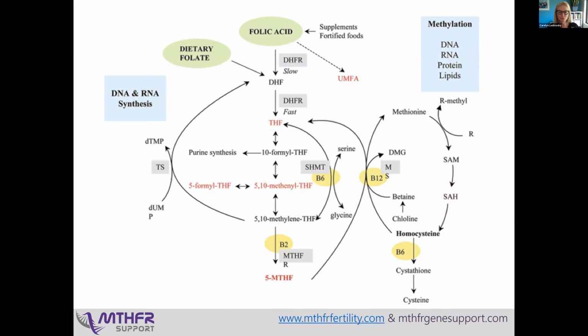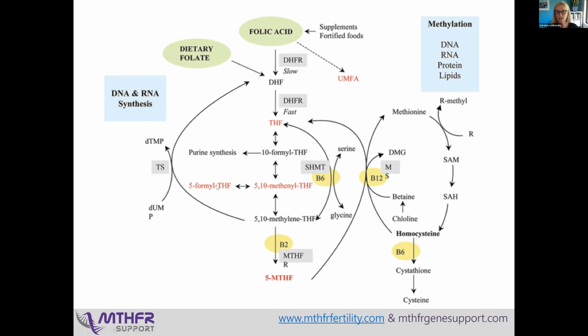Now, if we look at what this looks like graphically, folic acid comes in here at the top. And this is the enzyme DHFR, or dihydrofolate reductase, that has to metabolize it and pass it all the way down here to your active 5-methyl tetrahydrofolate. That's a long pathway to go. You've got a lot to do that. Folinic is here.